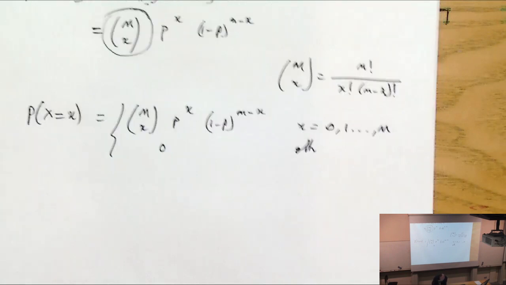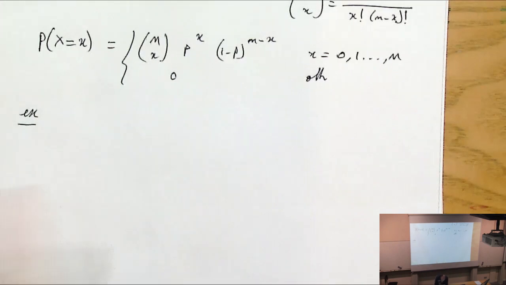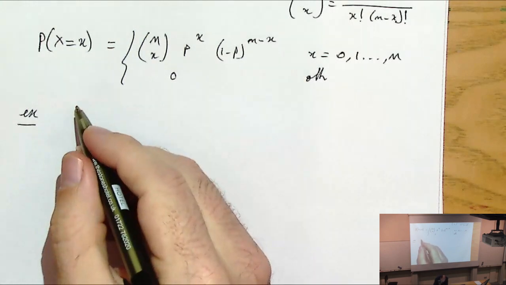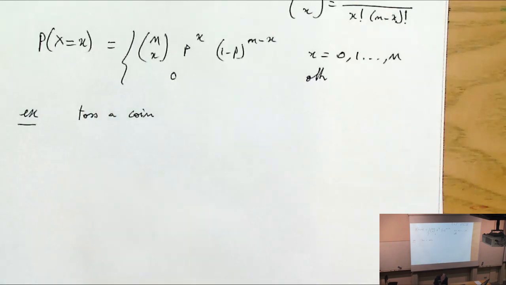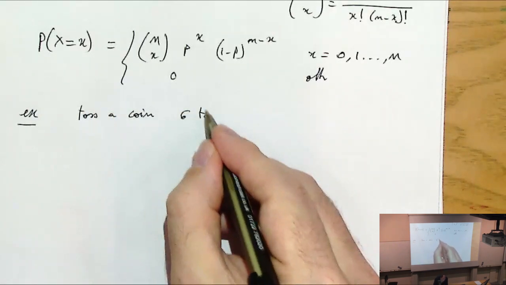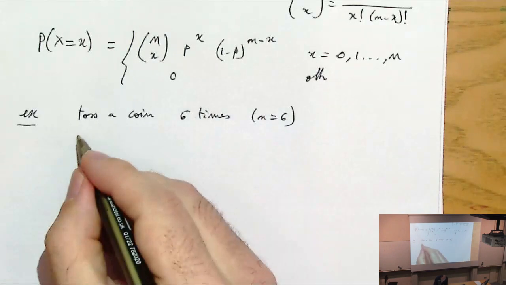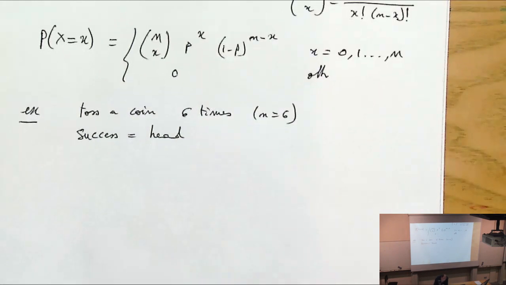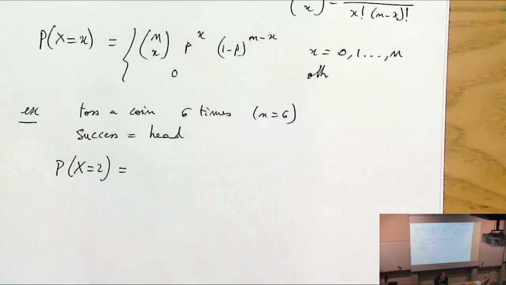So let me show you an example. Exactly the example I was mentioning before: you toss a coin and you do this 6 times. So n is equal to 6, and your success is head. What you're interested in is having exactly 2 heads out of 6 trials.